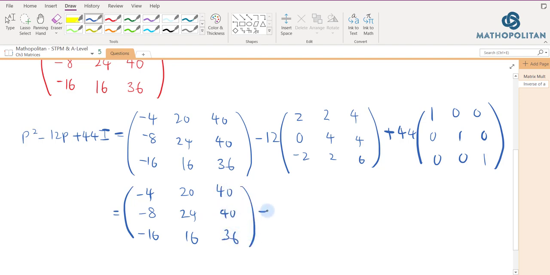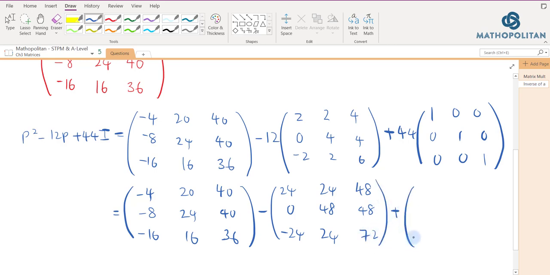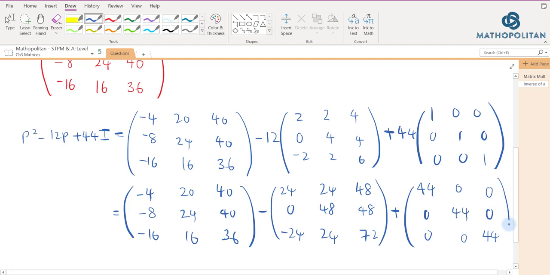And then for 12P, 12 times 2 is 24, so this is 24, negative 24, 24, 48, 24, then 48, 48, and 72. And then this here will be 44, 0, 0, 0, 44, 0, 0, 0, and 44.